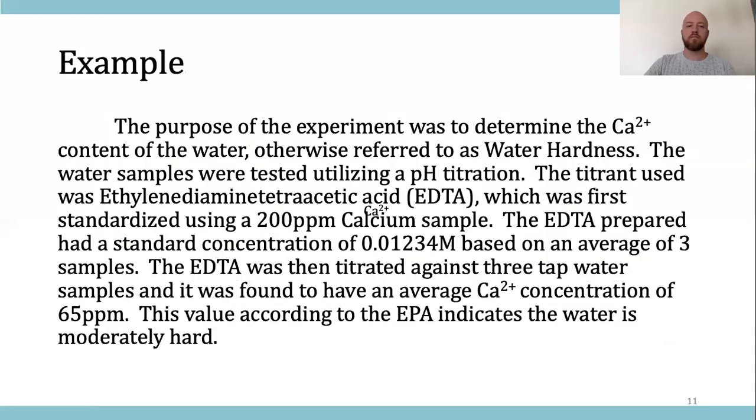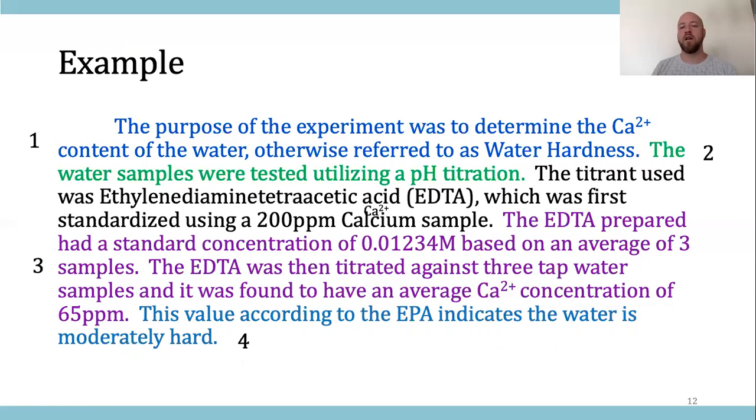Okay, and so here's an example where I highlight the calcium standard one. So this is from our hard water analysis. And so here you can see the various parts of what I was trying to outline. So we have the purpose of the experiment. We want to know what is the calcium concentration. We used pH titration as our methodology.